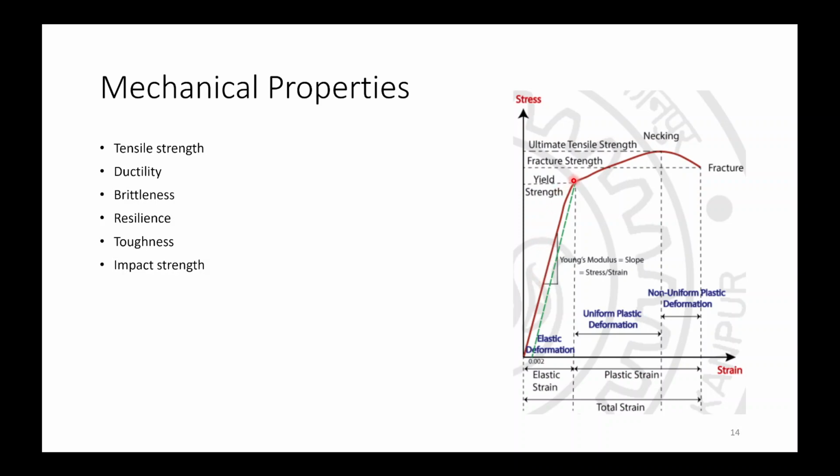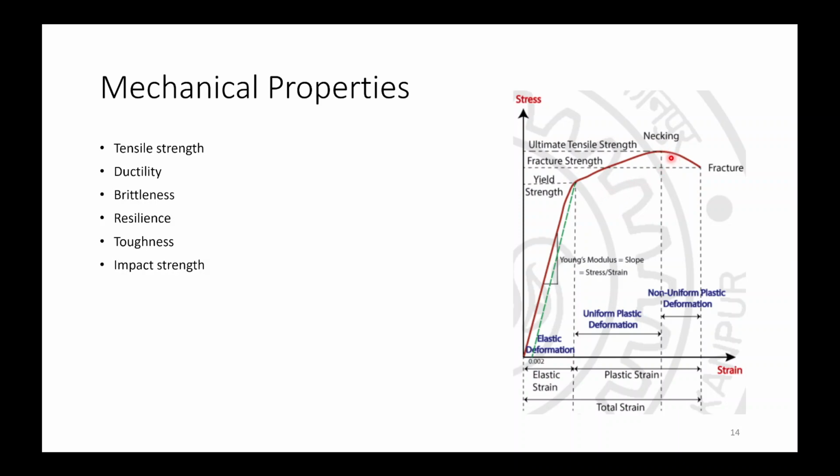And if we go beyond the yield strength, the yield point, then we see the plastic part. Here it is plastic deformation, up to the maximum stress. After that it shows necking. Up to this point it is uniform plastic deformation, and the cross section will be uniform across the whole gauge section.